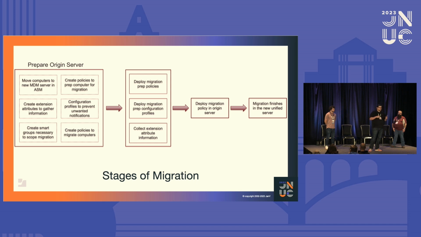The profiles needed to prevent notifications will also be deployed, and we will start collecting extension attribute information to keep track of where computers are at in the prep process. So again, the policies vary across the servers, right? And so let's move on to stage 3.